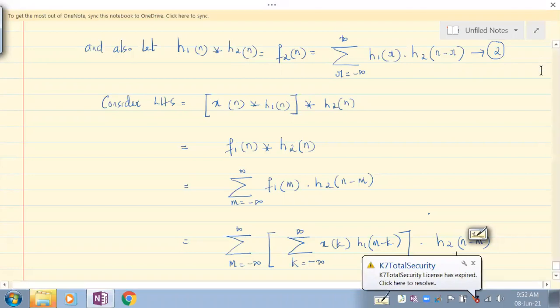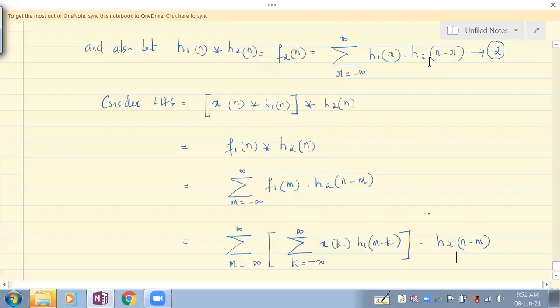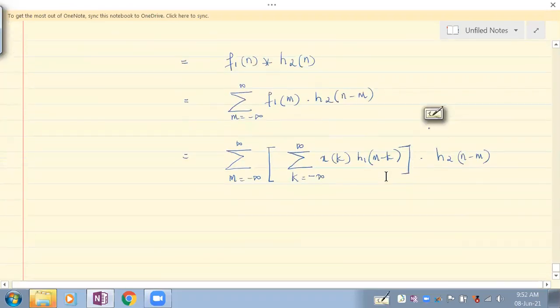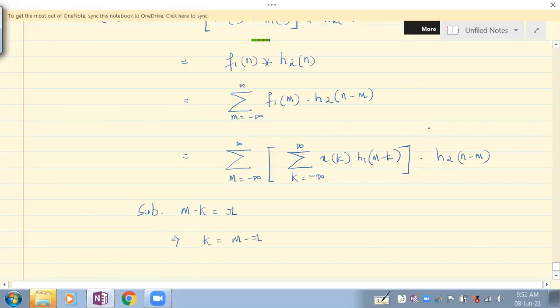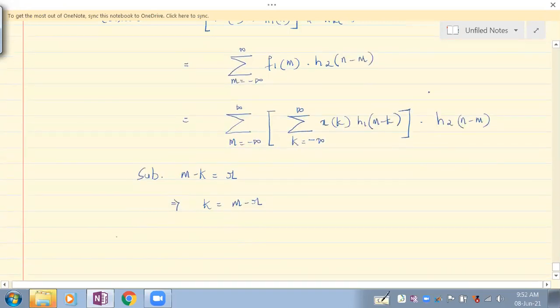Just a minute. So in this, let's substitute m minus k is equal to r. So this implies that our k is m minus r. Therefore our LHS would look like summation, just keep it as it is.